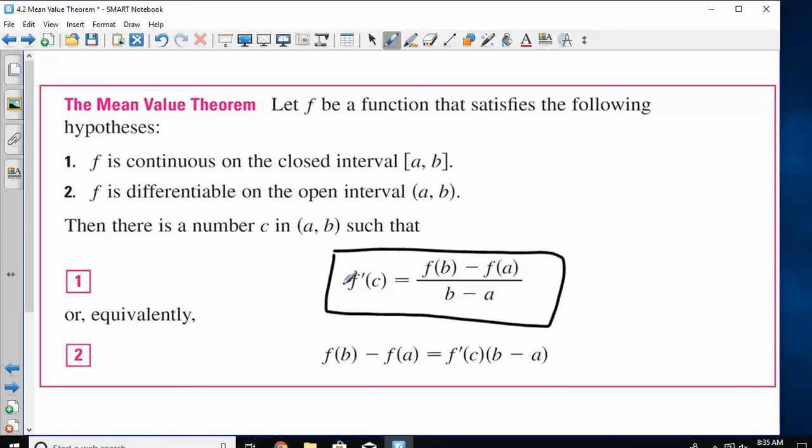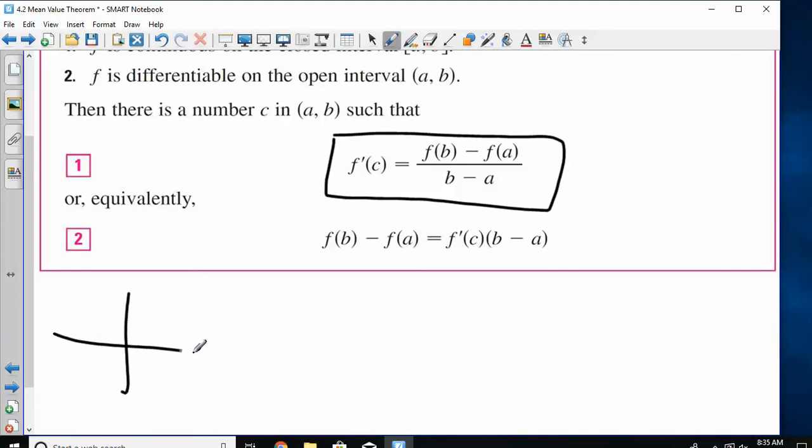Now, Rolle's theorem is kind of a special case of that. If you think about Rolle's theorem, if your endpoints were the same, what's the slope between those? 0. And we were saying that the derivative was 0. Now we're extending it. Our endpoints don't have to be the same. But if I took the slope between those two endpoints, somewhere there is a point where the tangent line would have the exact same slope. So somewhere the derivative will equal that number.